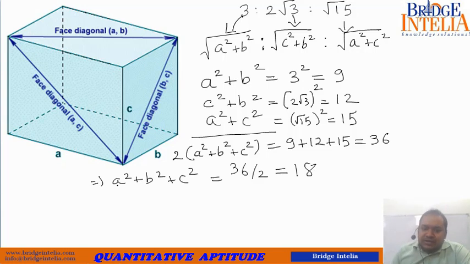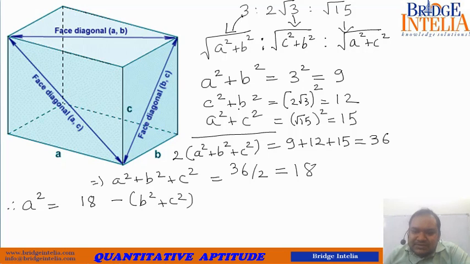So now you know that a square plus b square plus c square is equal to 18. So a square is equal to what? 18 minus b square plus c square. So b square plus c square is equal to how much? 12. So 18 minus 12 is equal to 6.